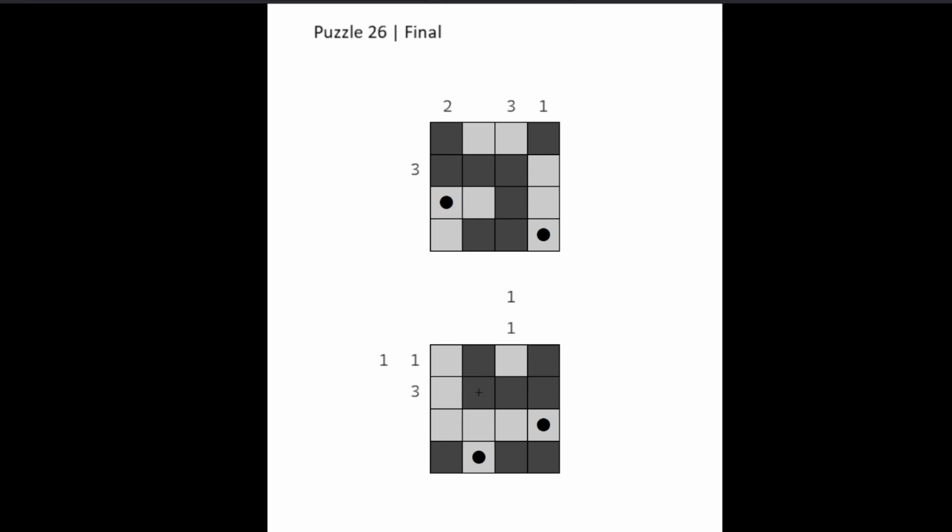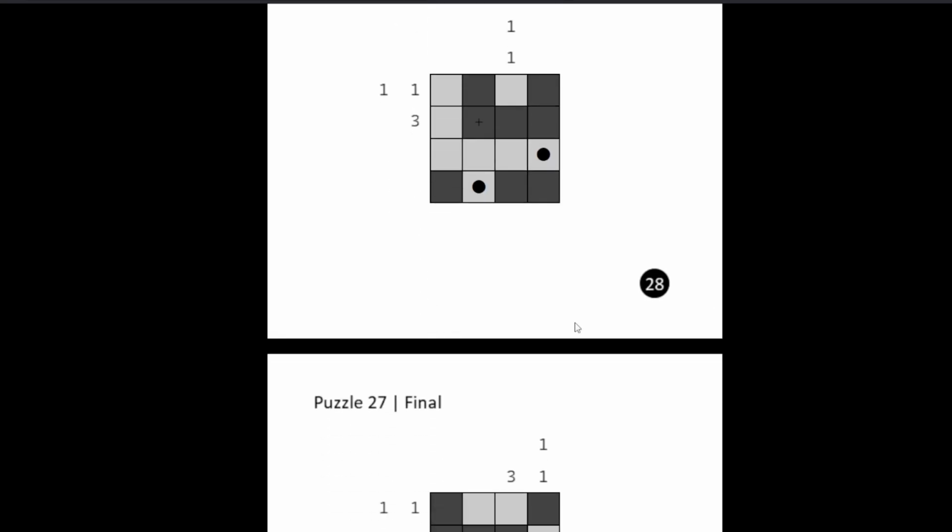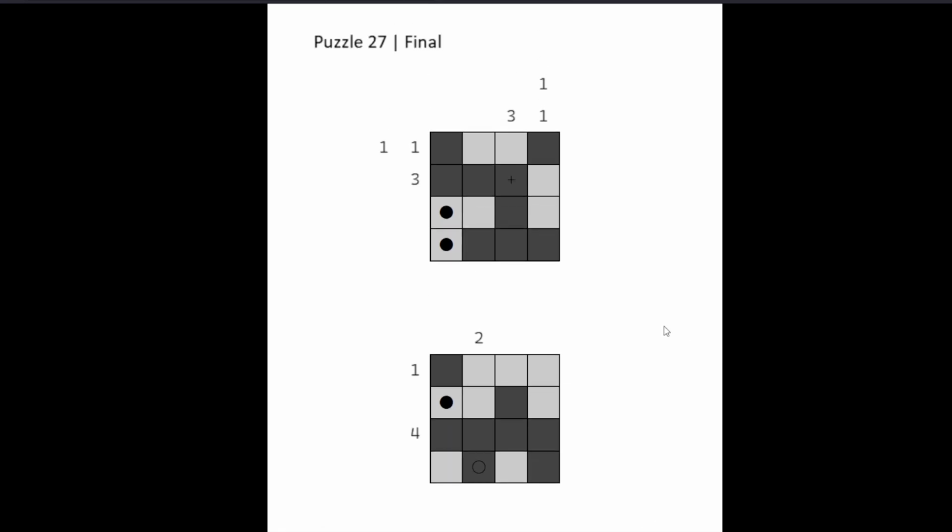we have all the corners being the same in puzzle 26 here. And then in puzzle 27, we have 3 corners matching. One of them doesn't. We have a total of 5 white squares surrounding it.